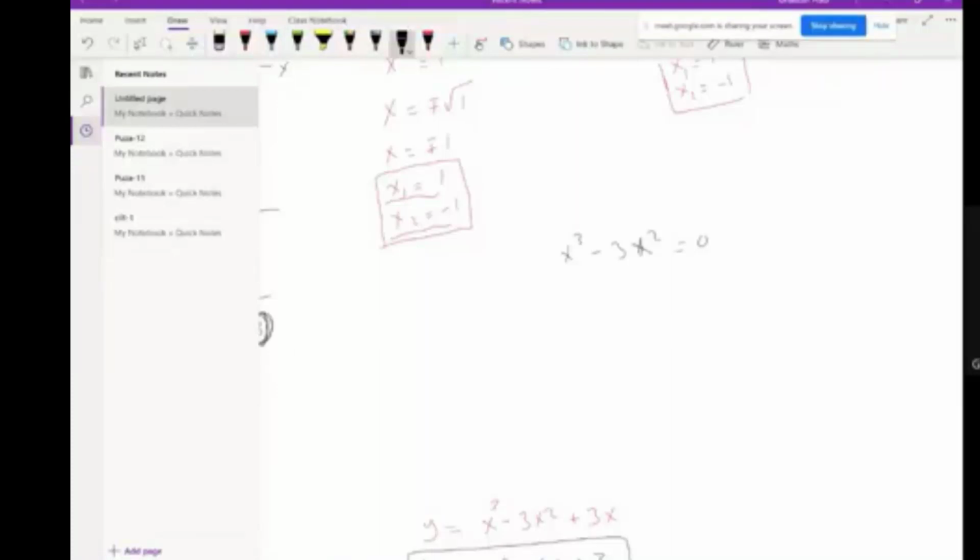How should I solve this? Factor x. I will take x squared, so x squared times x minus 3x.